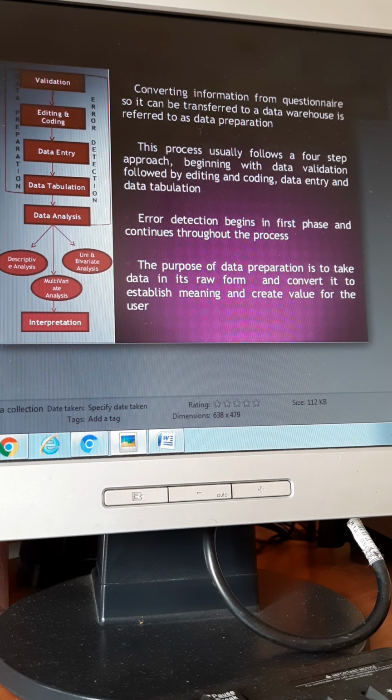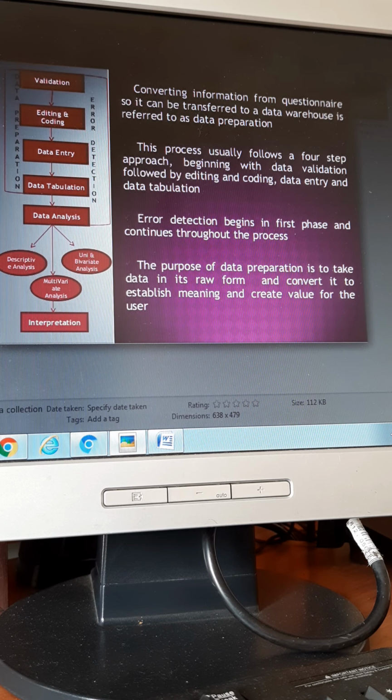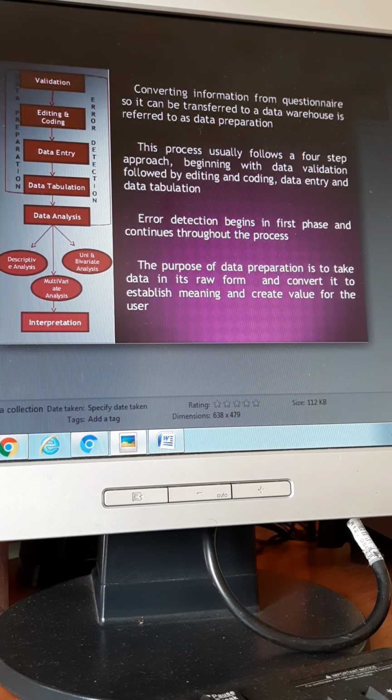It will be data. You have to convert the data into information so that a marketer or a business person will know what is the matter in that research. So this process usually follows 4 steps: converting data into information. So what is that? It is editing, coding, data entry, tabulation.